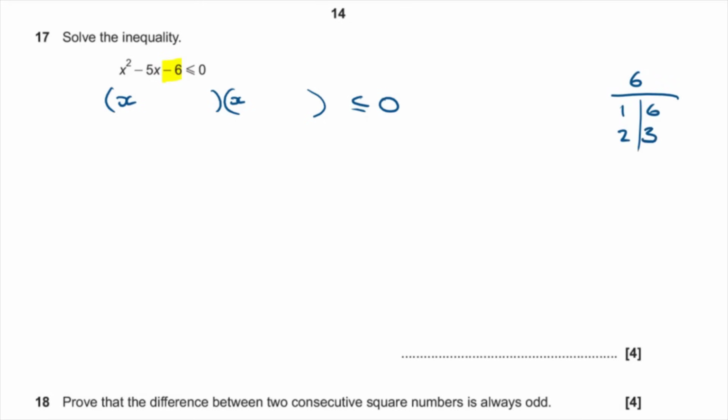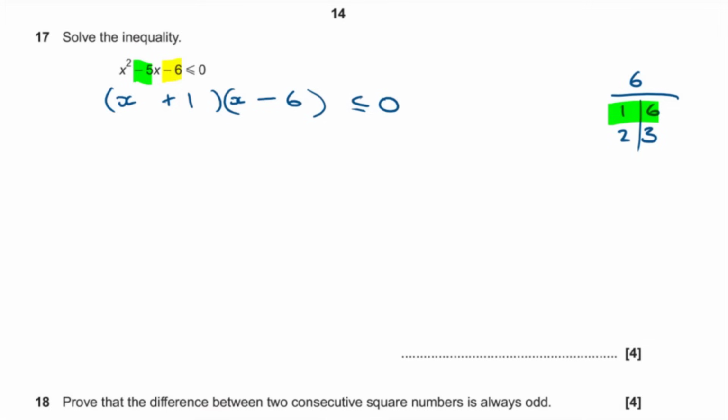We're looking for a factor pair that adds up to negative 5. Remember, one has to be positive and one has to be negative. 2 and 3 adds up to 5, but we're actually going to be having one positive and one negative. So I actually think the one we're looking for is the 1 and the 6, isn't it? So it's going to be plus 1 and minus 6. That's going to give me negative 5 in the middle, isn't it?